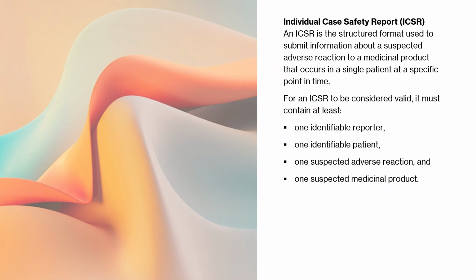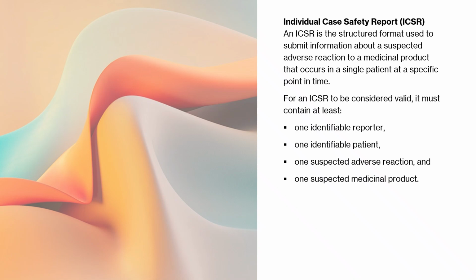Looking at the scenario, let's recall the information. We have a patient who is identifiable because we have the sex of the patient, which is male, and the age of the patient, which is 45 years, so that makes the patient identifiable.